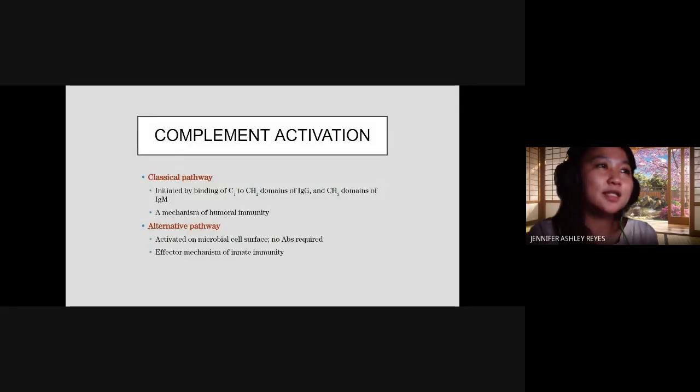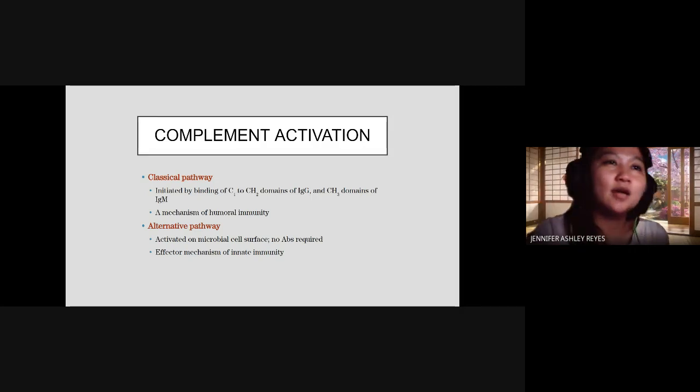So let us differentiate the three. Pag sinabing classical pathway, yun yung main pathway in which our complement system is being activated by an antibody directed mechanism. So, si classical pathway is the main antibody directed mechanism for triggering complement activation.